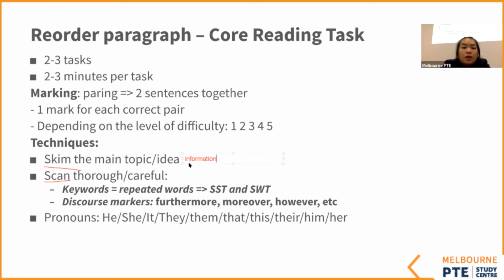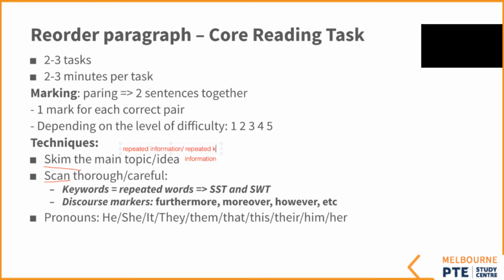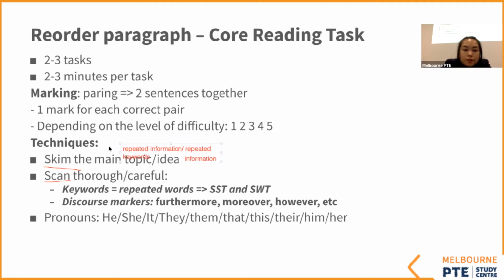Now, when you are reading, you need to pay attention to repeated information, repeated keywords. This technique you also use in summarize written text and summarize spoken text. So this is our topic today after reorder, and I will show you again.